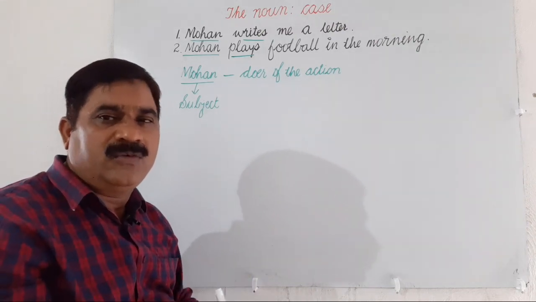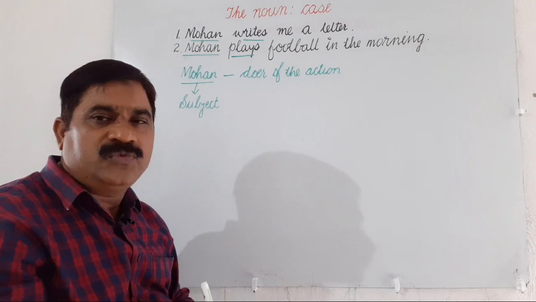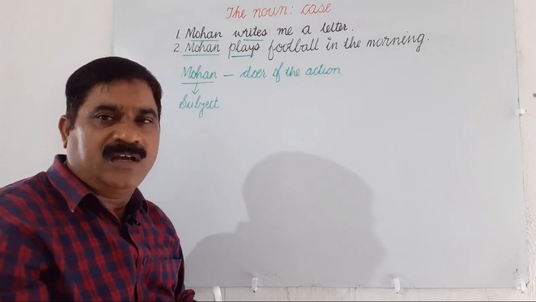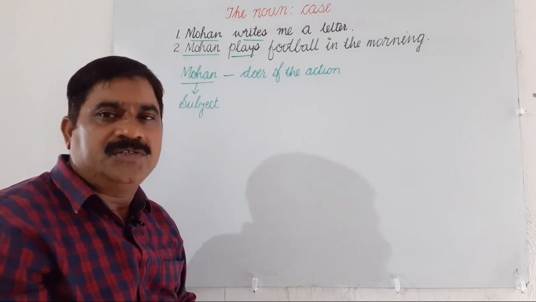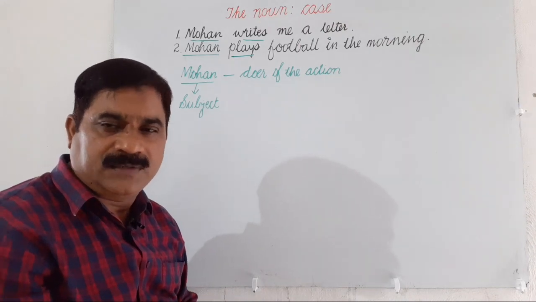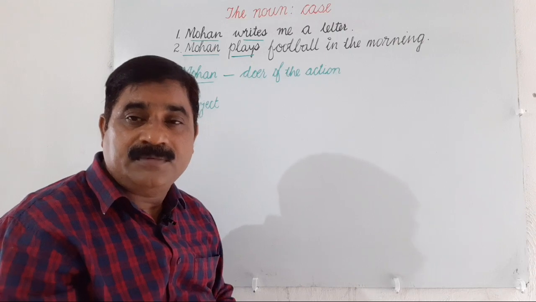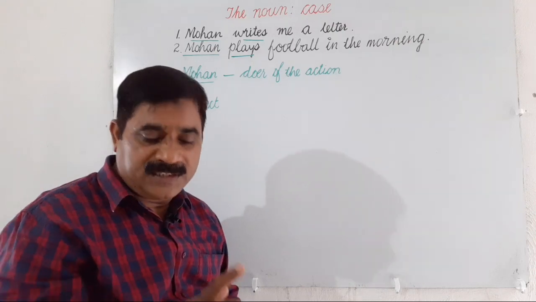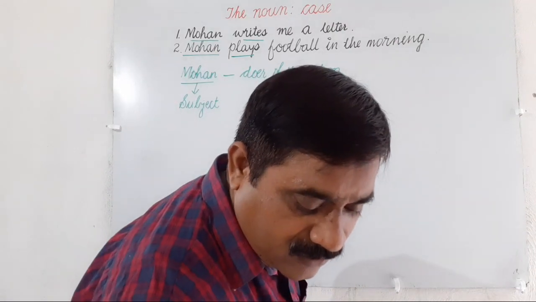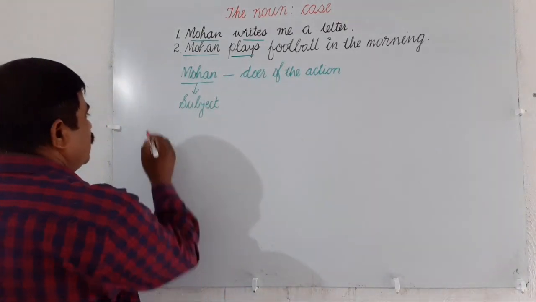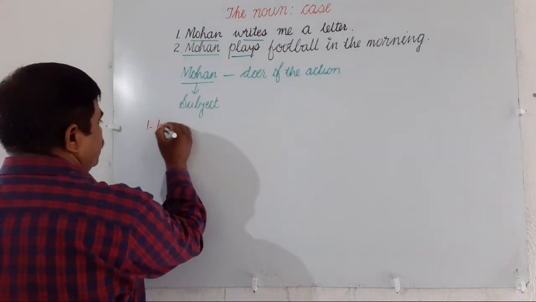Mohan is the noun that is used as the subject. The noun or pronoun used as the subject is called nominative case, isn't it? So let me write down nominative case.